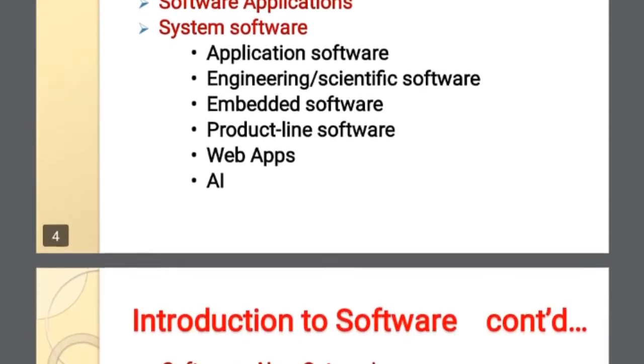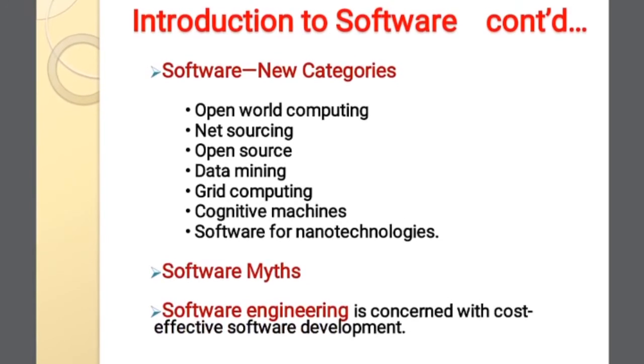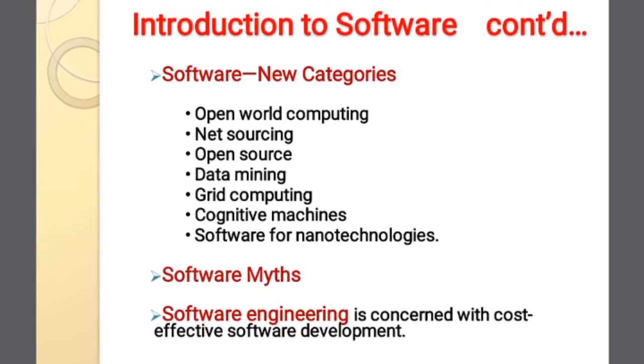When you talk about new categories, these are the softwares where ubiquitous, pervasive, distributed computing is involved due to wireless networking. Here you can see how it allows mobile devices, personal computers, and enterprise systems to communicate across a vast network. Open source means the source code is free and open to the computing community. Hence we have so many which are emerging.